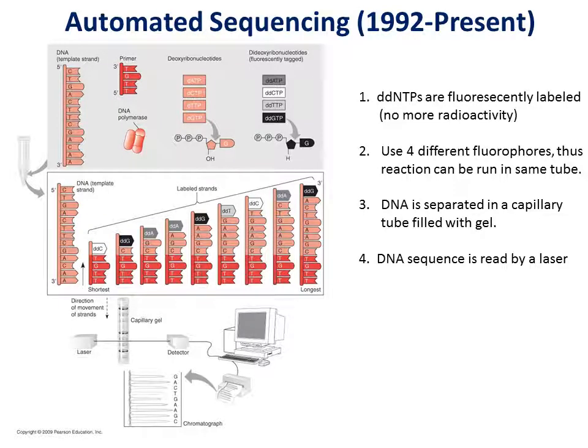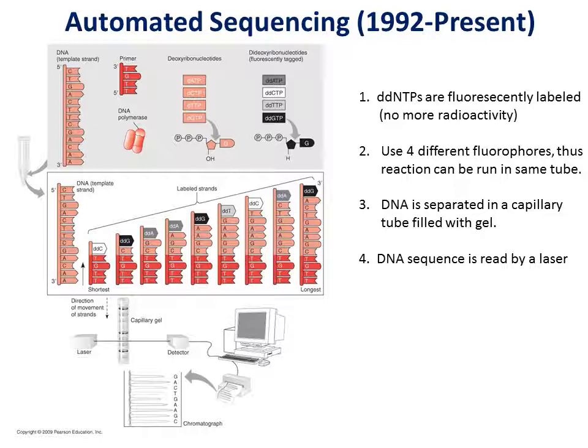Okay, so that is the Sanger method, but in the early 90s, there was an automated sequencing technology that was developed. So rather than adding the dideoxyribonucleotides that were radioactively labeled, we could now fluorescently label these tags.